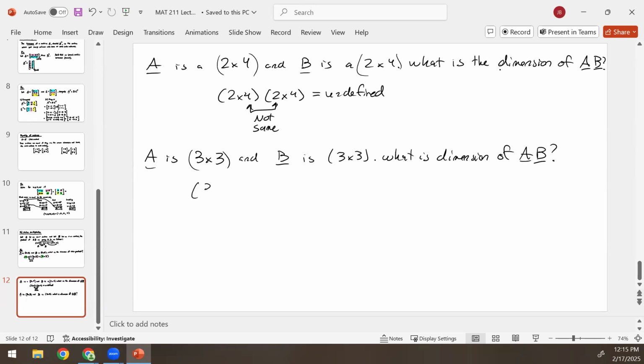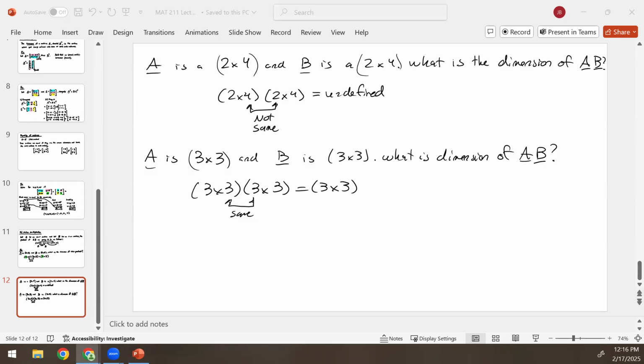Well, 3 by 3 times 3 by 3 is just 3 by 3 because they're all the same number. So we're good to go. Now, one way they can trick you, honestly, is they give you A and B, and then they tell you to do B times A. They could give you a mix-up of the dimensions, or the letters, so you've got to be careful with that.